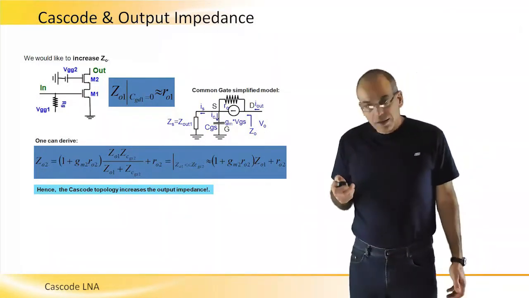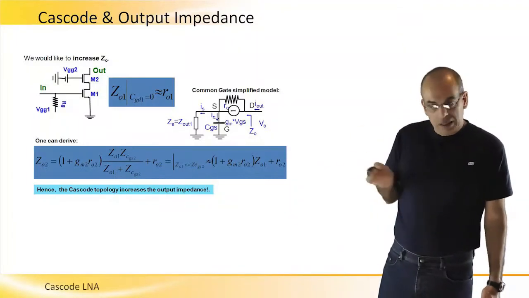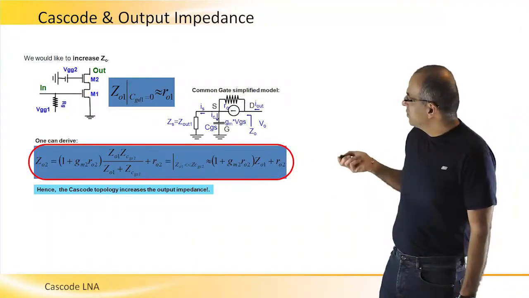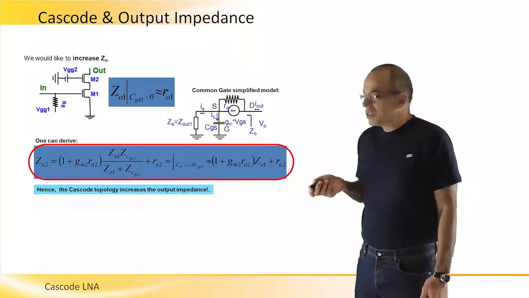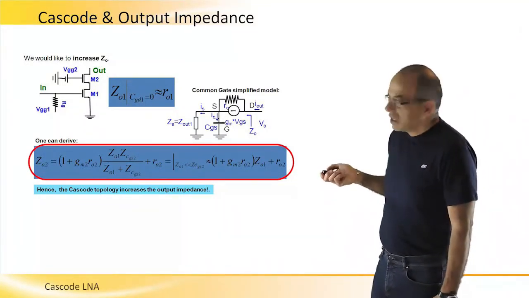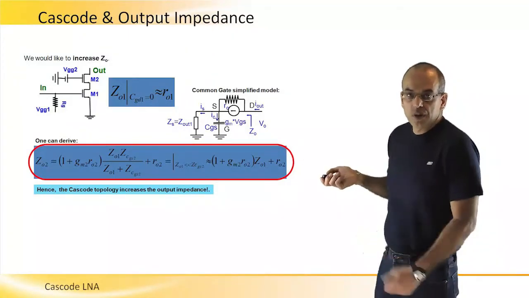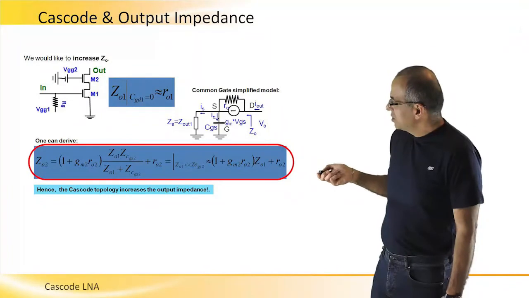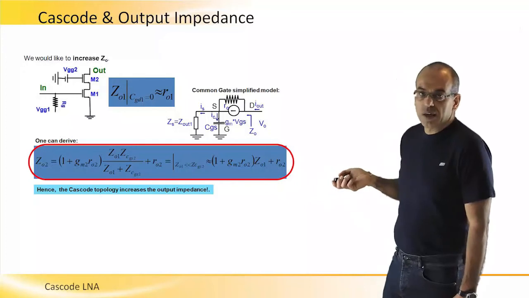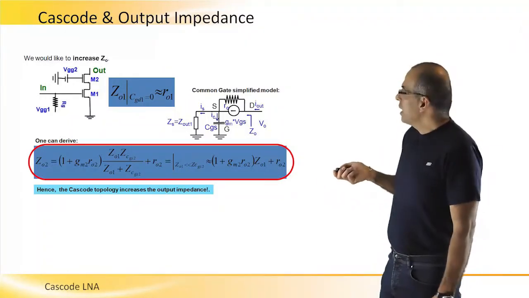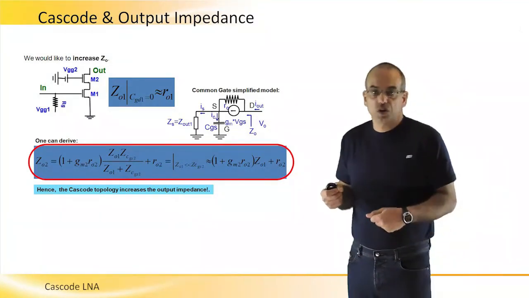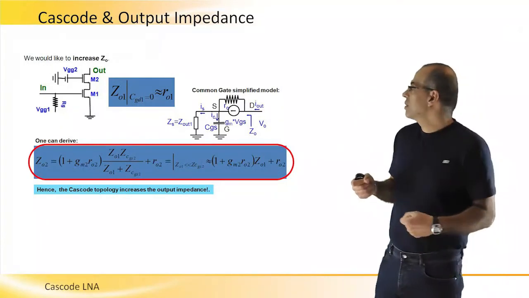And if we do that, and this result can be found in many analog design books, we find that Zout2, the output impedance we can see here, is this expression, which is 1 plus gm2 Rout2 times this expression of the impedances in parallel, Zout1 and ZCGS, and we add to that Rout2. This is what comes from the Kirchhoff equations.